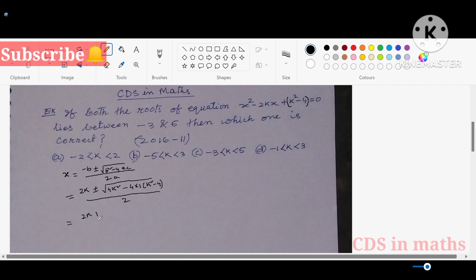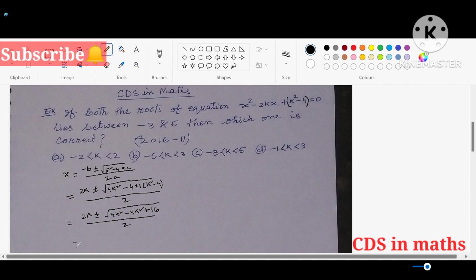So 2k plus minus under root 4k square. Now this bracket, if I multiply by 4, so minus 4k square plus 16, divided by 2.